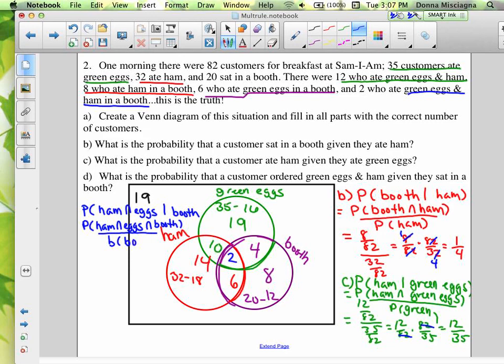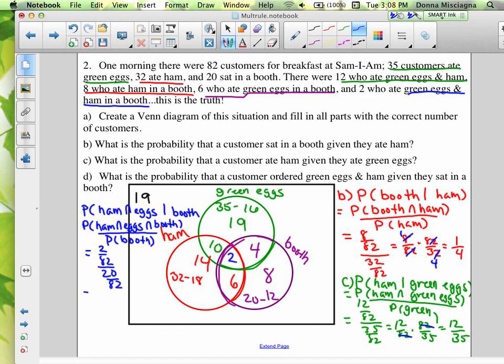Oops, that's supposed to be a P. Well, we know what the probability of ham and eggs and Booth is, right? That is the probability way in the center there, the two people that did everything. So that would equal 2 out of 82 divided by the probability of Booth. There were 20 people who sat in a booth out of the 82 people.